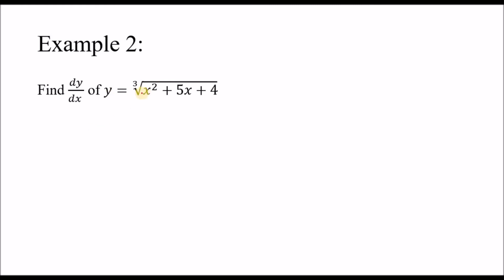And that will give me, if I cube this side, I cube that side, then the cube is going to go with the radical, and then I will have y cubed is equal to x squared plus 5x plus 4.